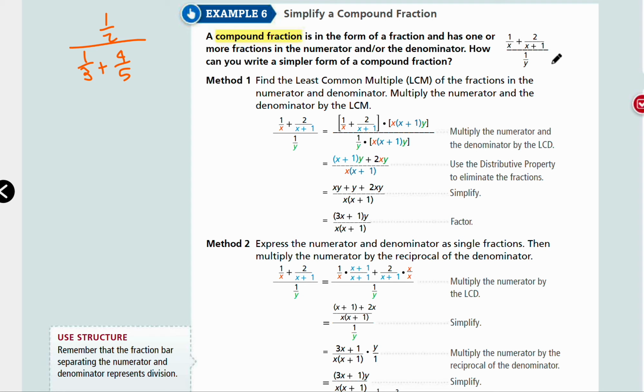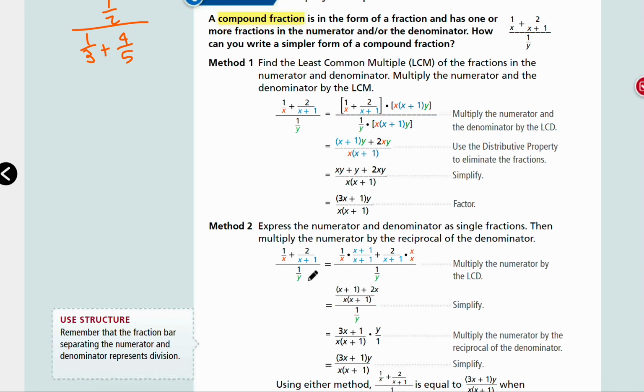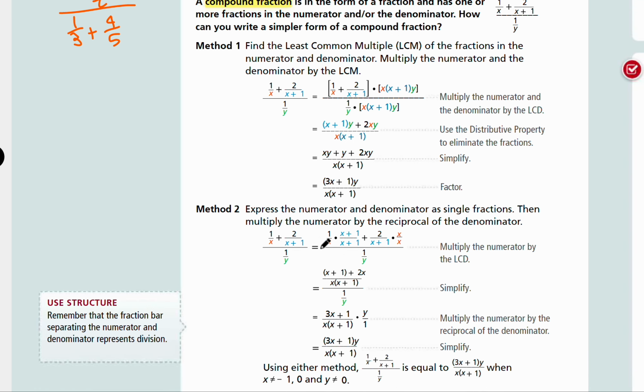So first of all, method 1, find the least common multiple of the fractions in the numerator and the denominator, and then multiply the numerator and the denominator by the LCM. Or you can express the numerator and denominator as single fractions, and then multiply the numerator by the reciprocal of the denominator.